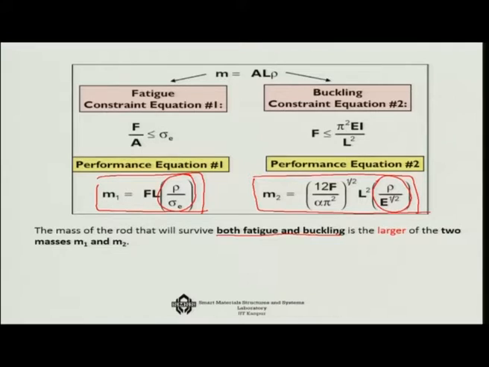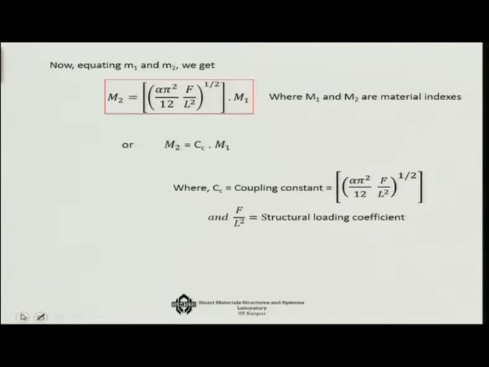So the best solution for us, so that both of them get violated at the single point, is if I equate M1 equals M2, and if I do that, then I am going to get this particular expression corresponding to M1 equals M2, that is the force part of it.